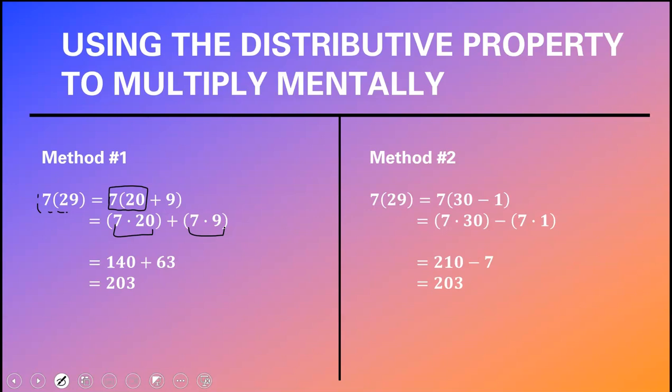Now, I might not know 7 times 29, but I know right away, working with powers of 10 here, that 7 times 20 is 140, okay? Because really I'm just putting 14 and adding a 0. And also know that 7 times 9 is 63 because I know my simple facts. So I can take 140 plus 63, and I can get the answer of 203 really fast.